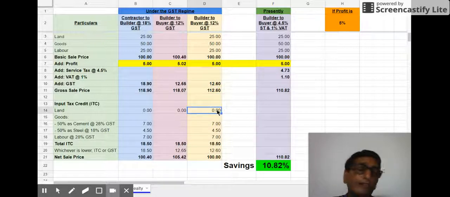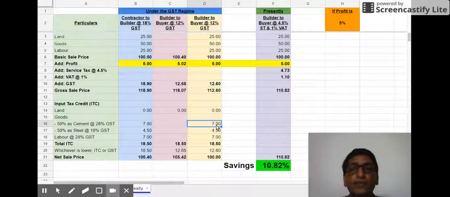On land, since there is no GST on land, the question of input tax credit does not arise. On goods, as we saw in the first video, there are two components. The thumb rule is that 50% of the goods is cement and 50% is steel.